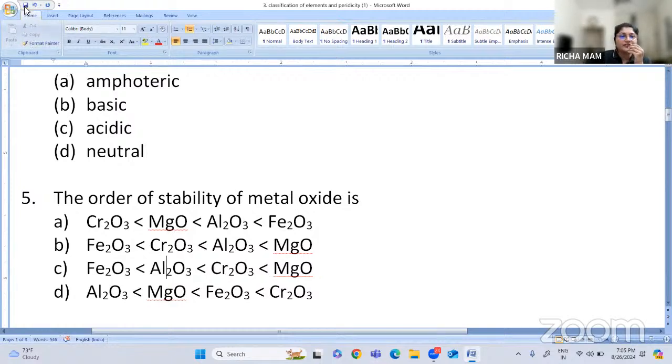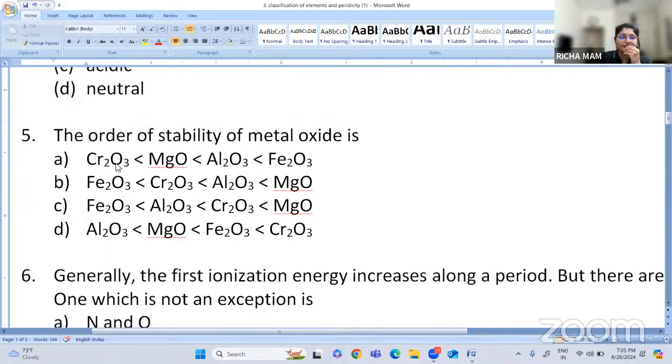Different metals are combining with oxygen and forming the metal oxides. So you have to tell the correct order of stability. There are 4 options. Whenever we are talking about the stability of any metal oxide, here the stability is directly related to the lattice energy.